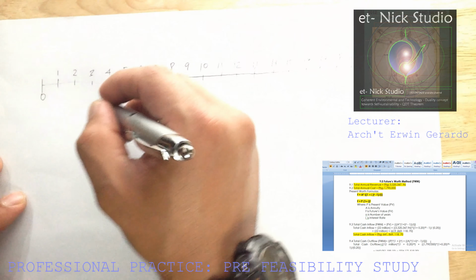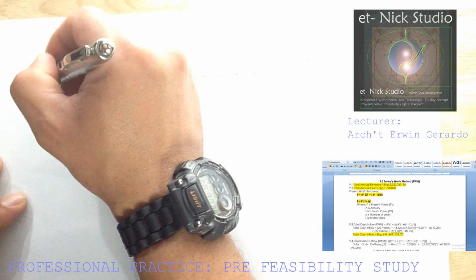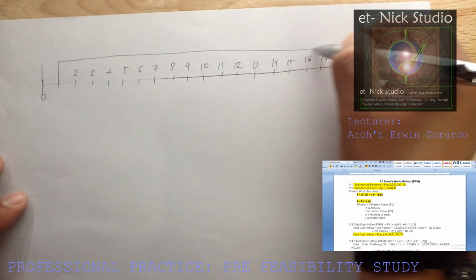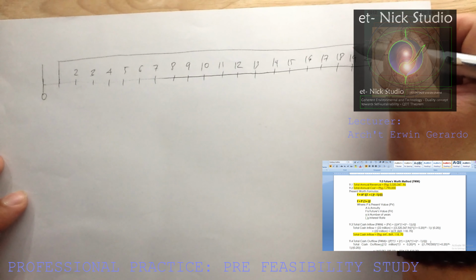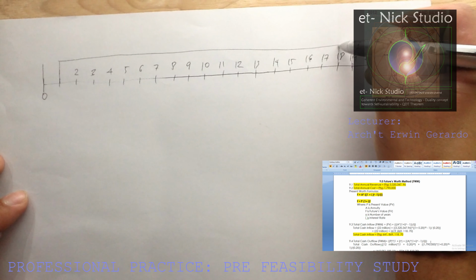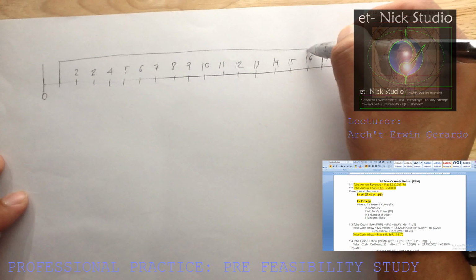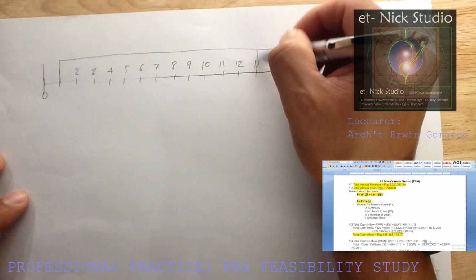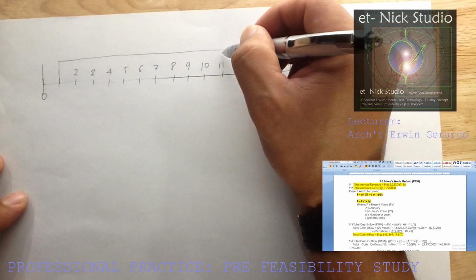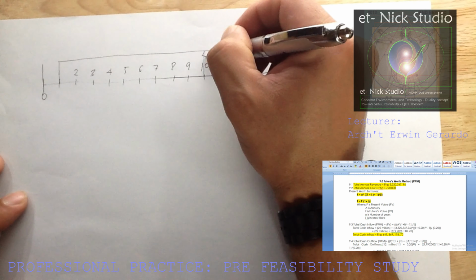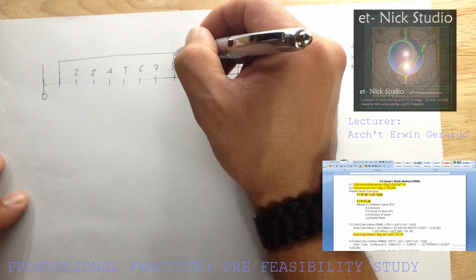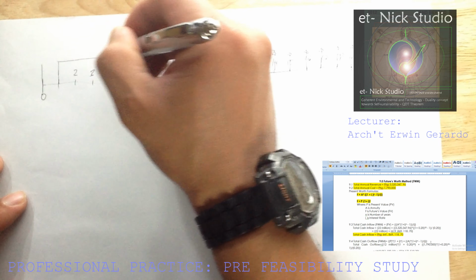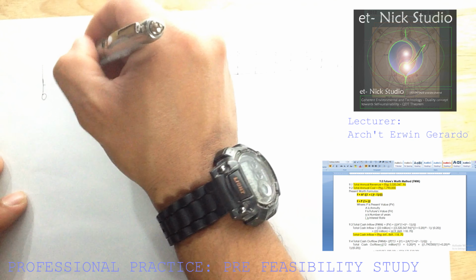So we need to project here the arrow pointing upward. So all arrows that are actually projected or pointing upward are considered to be your cash inflow. So we need to present this in such a manner that we'll be able to see the relation of the cash inflow from the cash outflow.